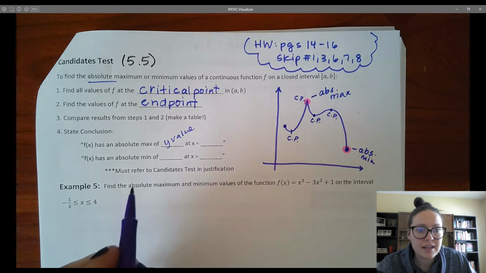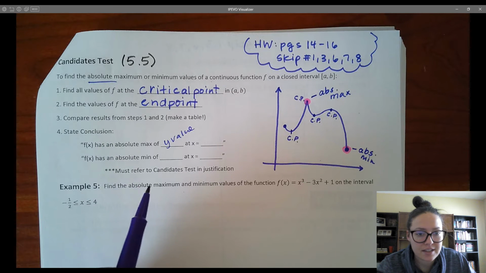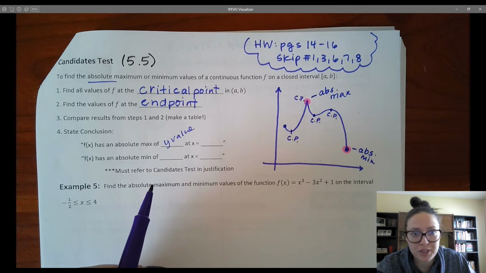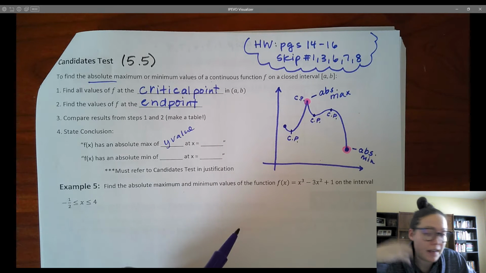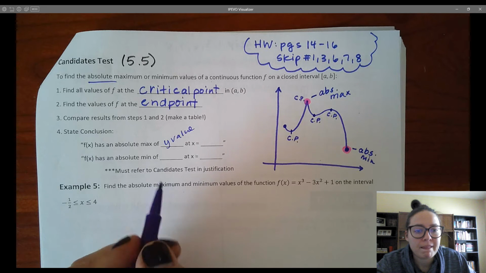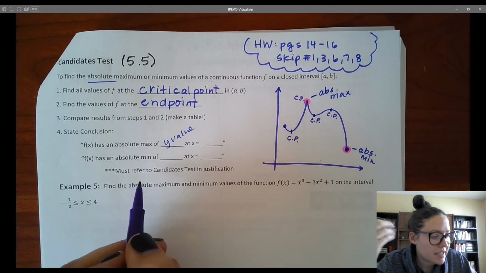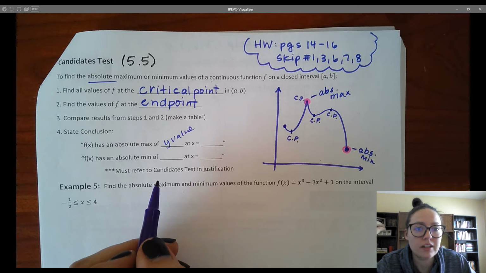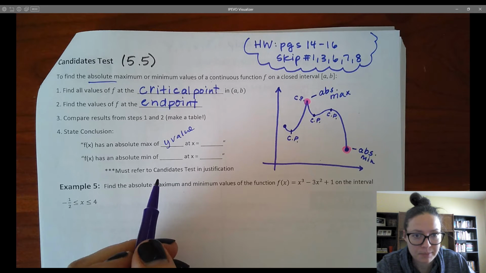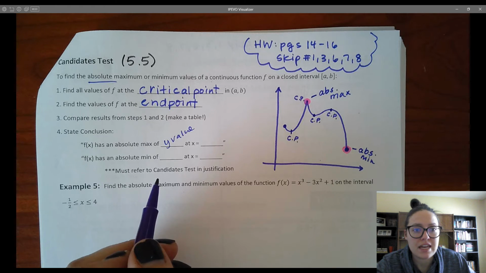Now, this is called the candidates test. If this is a free response question on our Unit 5 test or on the AP test, basically you have to show that you have used all possible candidates for the absolute maximum or minimum.